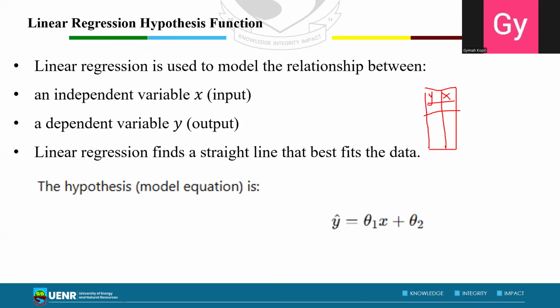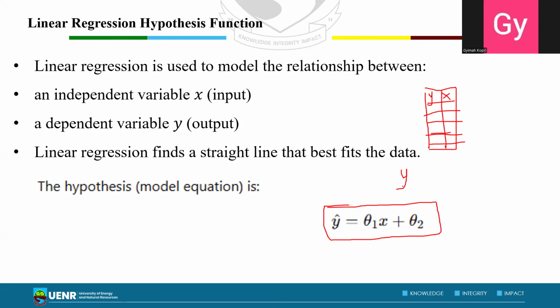And through that, we are able to have some values, and we use them to get a hypothesis function or a model equation. So we were modeling the equation ourselves. But this time around, within machine learning, finding this is much easier.